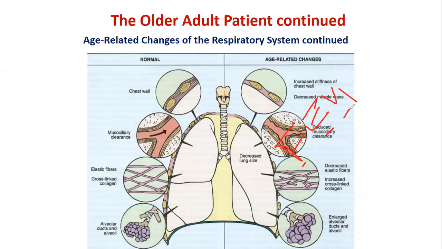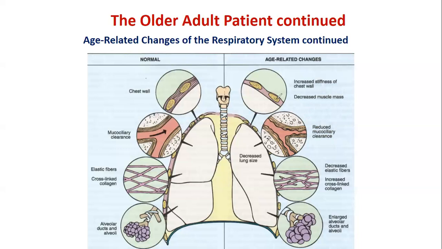So all of this occurs because of aging, right? And as I told you, clinically it is important to know that the patient may develop senile emphysema, or degenerative elastic fiber, reducing the supportive tissue around the small airway.